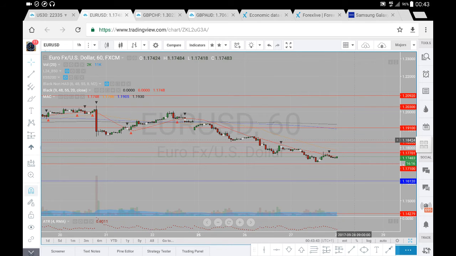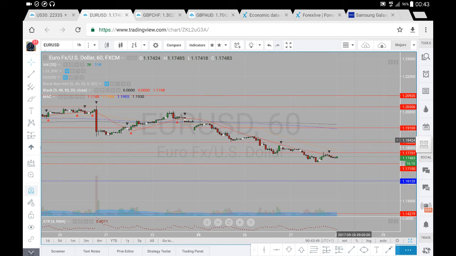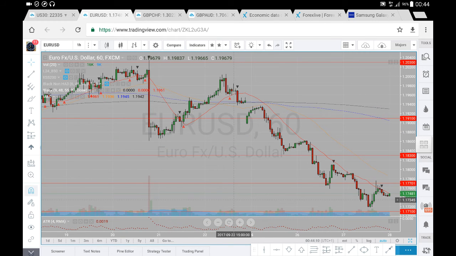I need my tablet calendar to come out, and instead I'm getting TradingView's calendar for some reason, which isn't good. Okay, yeah, we're near the end of the month, so I don't really expect prices to go all the way down to 1612 by the end of the week, unless there is some pretty big fundamental changes to either the euro or the USD.